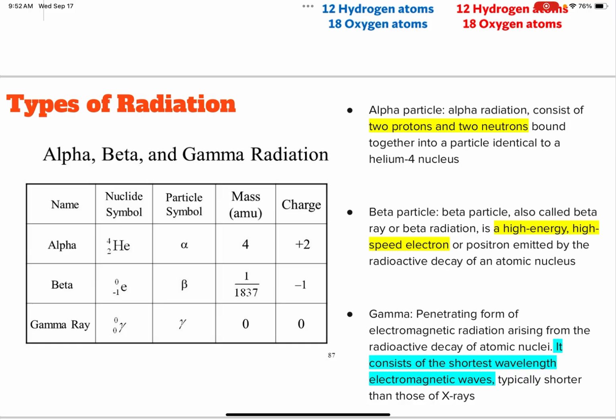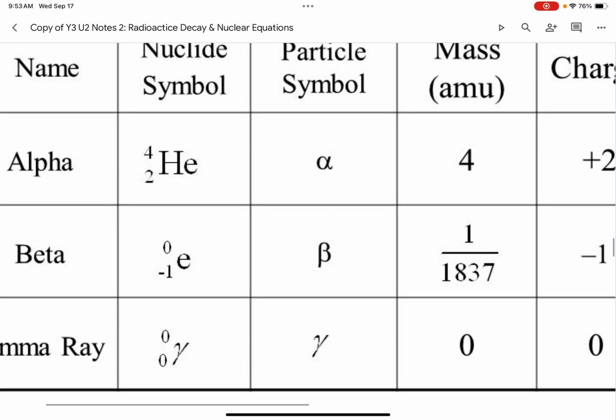So the inside of the nucleus can actually shake off this high-speed electron, and what this electron does is it actually gets rid of a proton. So you'll see that its charge is -1. It gets rid of a proton. 1 proton leaves the nucleus. And we write it as little e with a 0 because remember electrons have no mass, and a -1 charge because that is the charge of an electron.